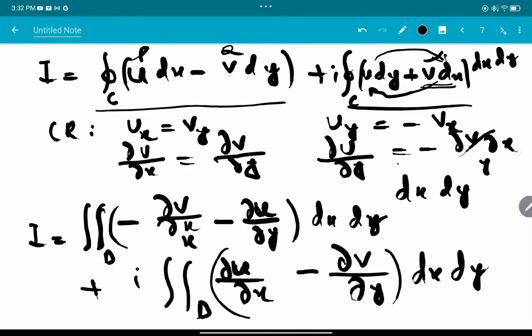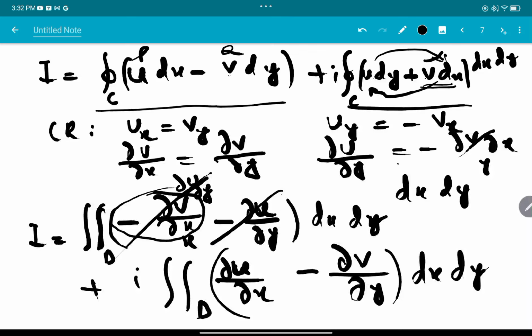So minus del v by del x is equal to plus del u by del y. If you replace it by its value, del u by del y, what are you left with then? Del u by del y minus del u by del y, so 0.